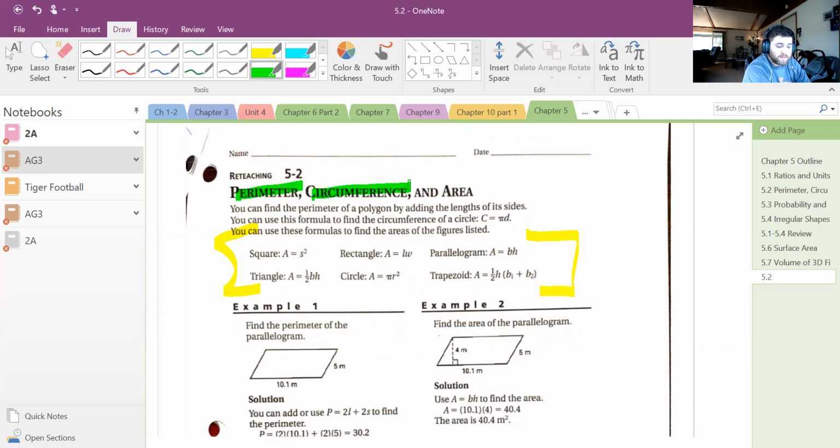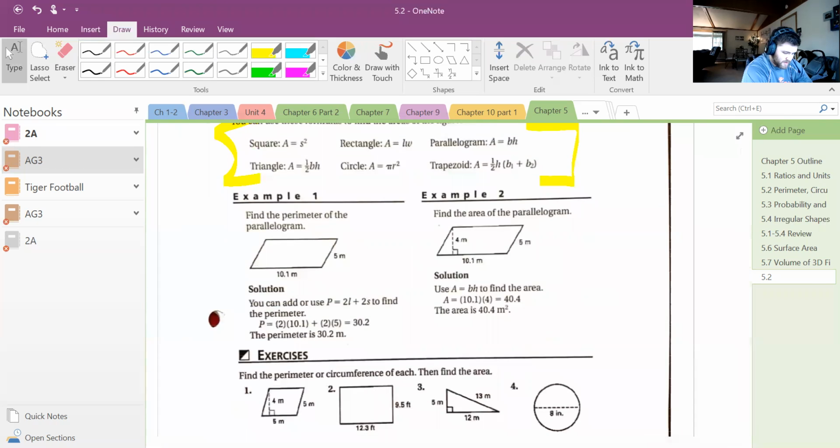Area is what's on the inside, right? Area's inside, perimeter's outside, so is circumference. Notice how for area, we just have one word for circles and irregular and regular shapes. It's all just area. But perimeter is different. Circles have circumference, all other shapes have perimeter.